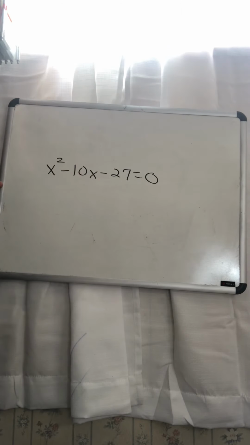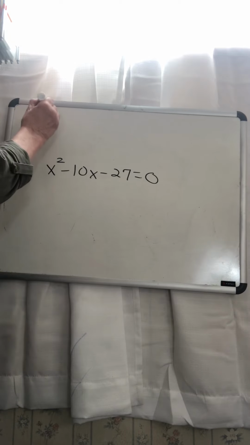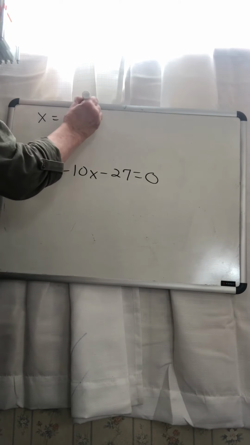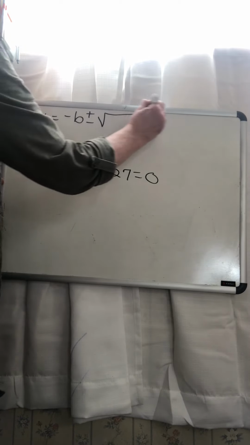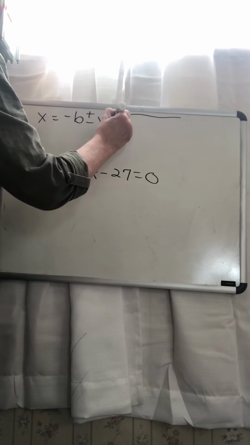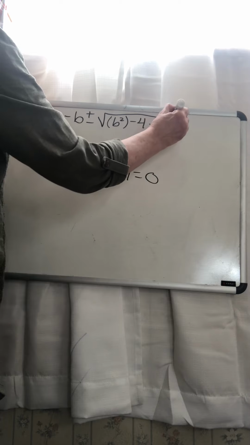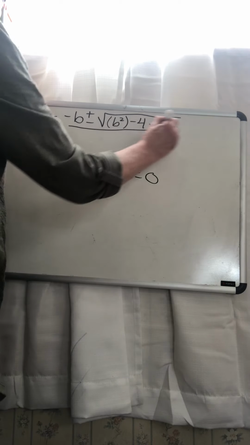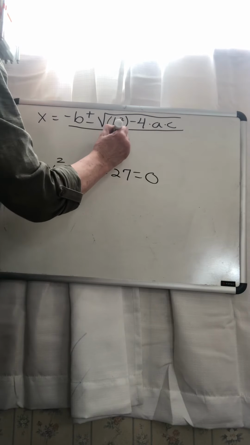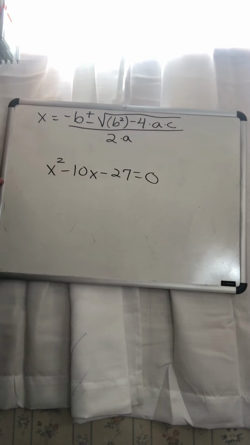So remember that the quadratic equation gives us x is equal to negative b plus or minus the square root of b squared minus 4 times a times c, and then all of this is divided by 2 times a.